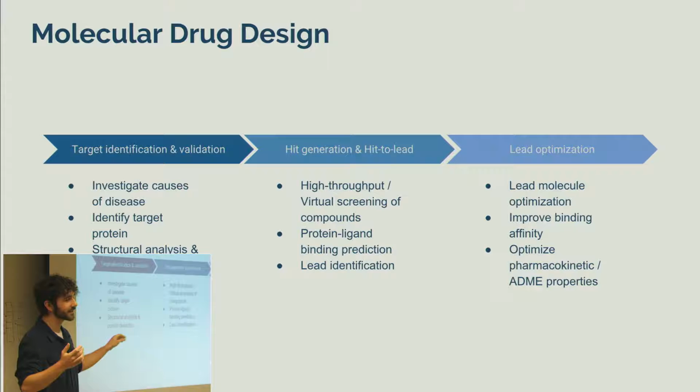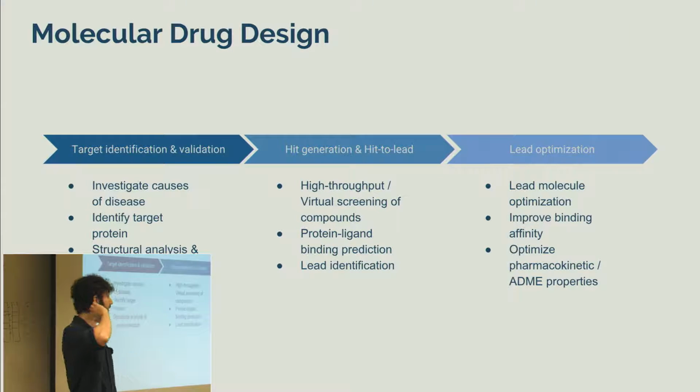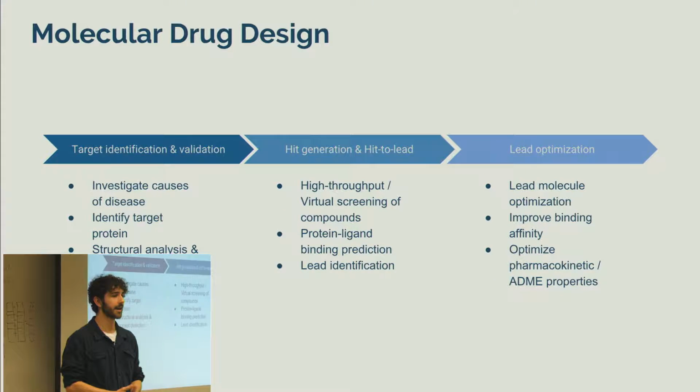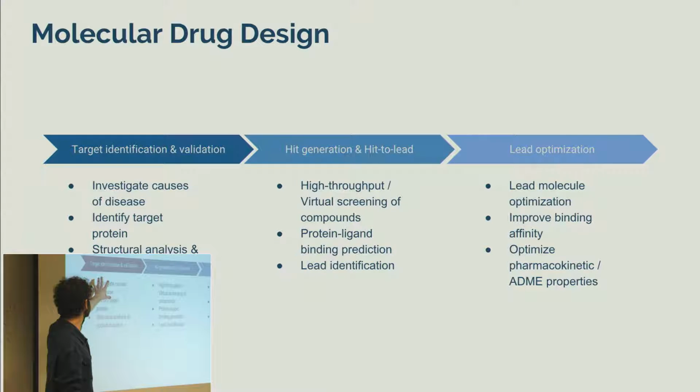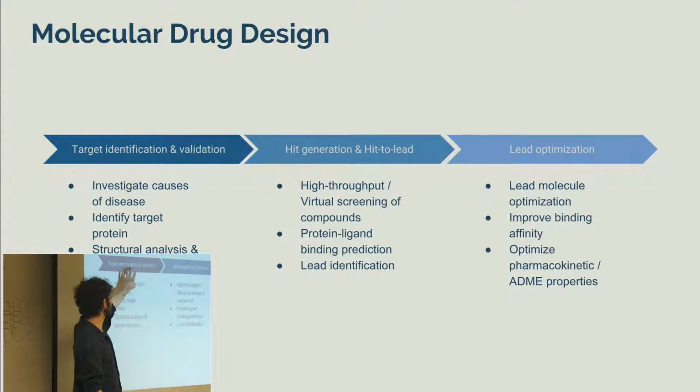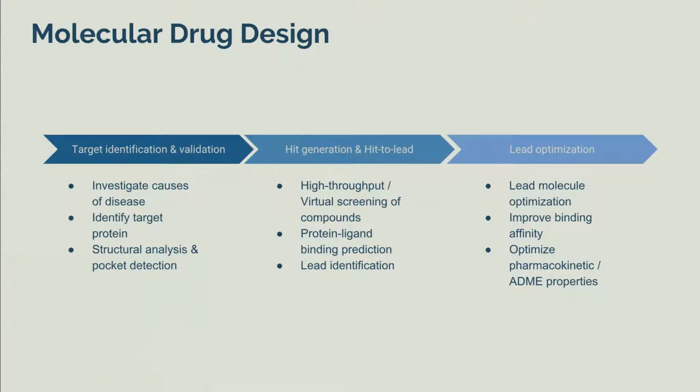Okay. So mainly in this first part, there are three parts where you can find computational tools that are helpful, these first three parts. So first, the process starts with target identification and validation. You have a disease and you study it and you try to find out which, usually a protein, you want to target.